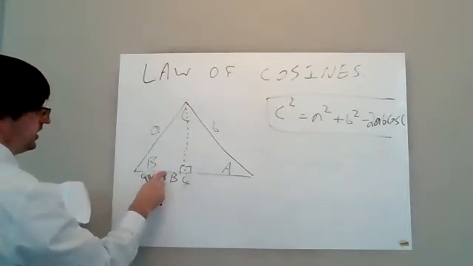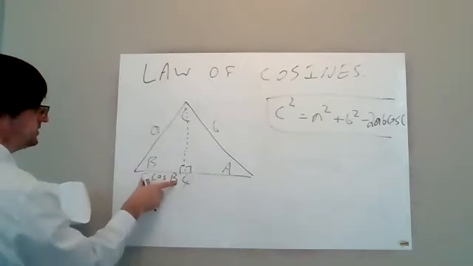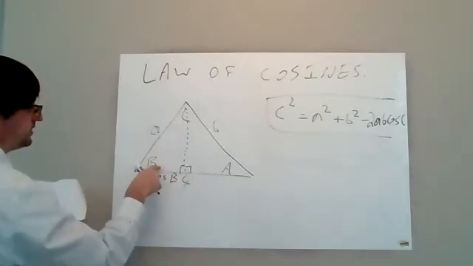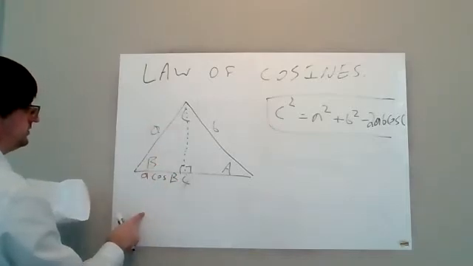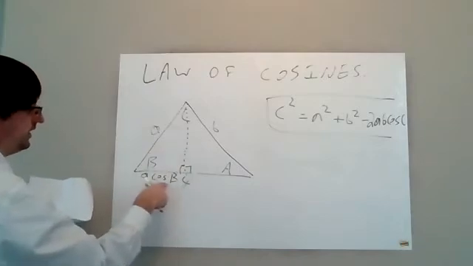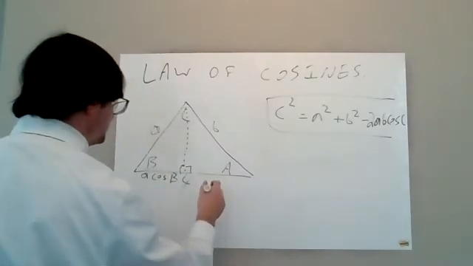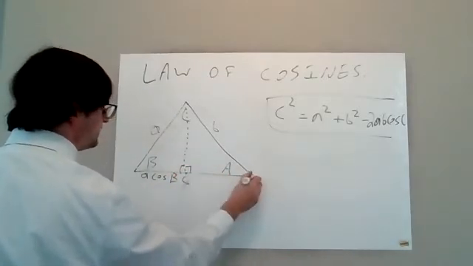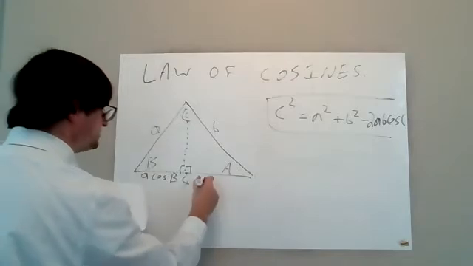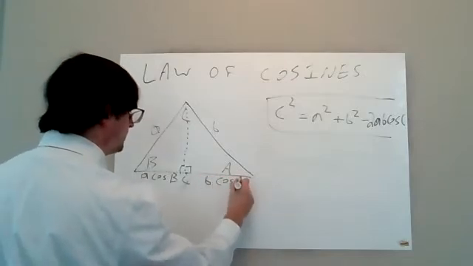This is the adjacent side, this side divided by a gives us the cosine of that. So divide out the a to get cosine B. By the same logic, this section needs to be b cosine A.